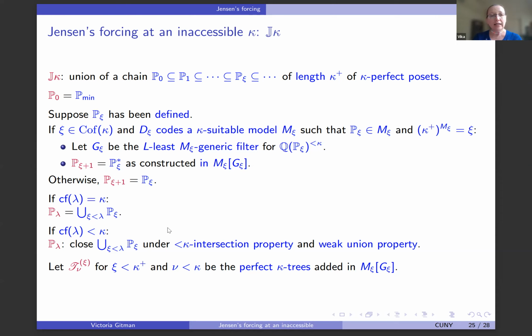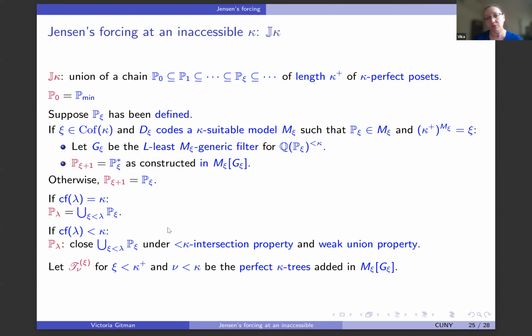And if you're at a limit stage of cofinality less than kappa, you take the union and then you close under less than kappa intersection and the weak union property, doing this kappa stage construction, the same way that we close always. And you can do an argument to show that you don't unseal maximal anti-chains.